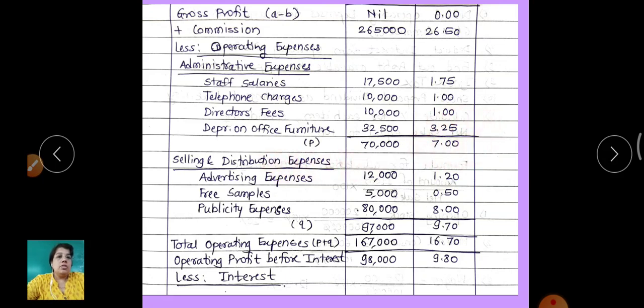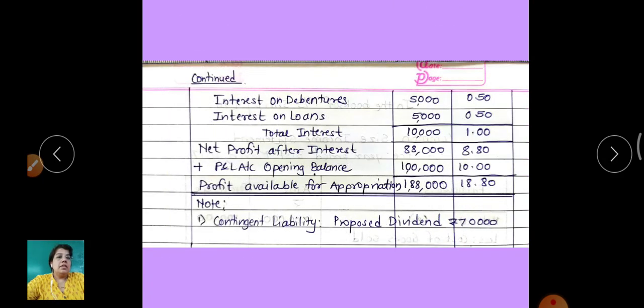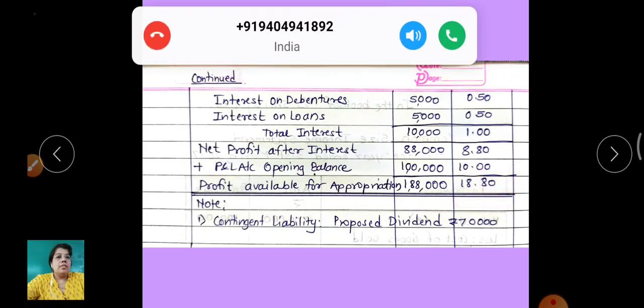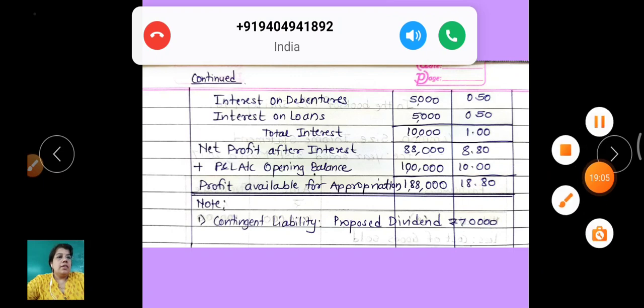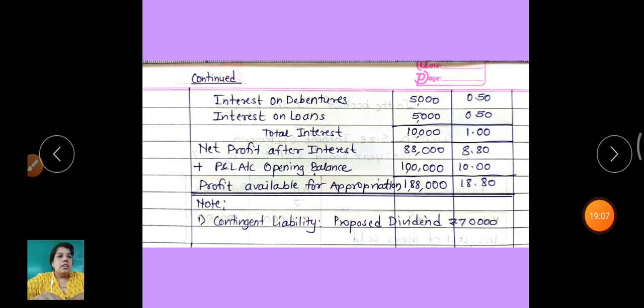In selling and distribution expenses, the publicity expenses are higher. Then interest is just 1% of the net sales, so that is okay. And for the profit available for appropriation, any appropriations are not given here, so we don't know whether this profit is sufficient or not. And the contingent liability is shown here, proposed dividend Rs. 70,000.